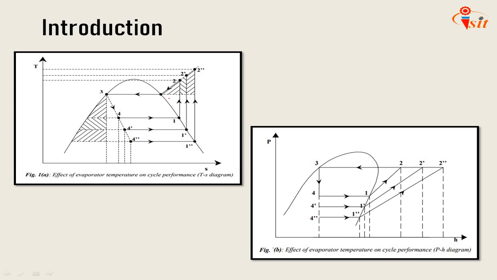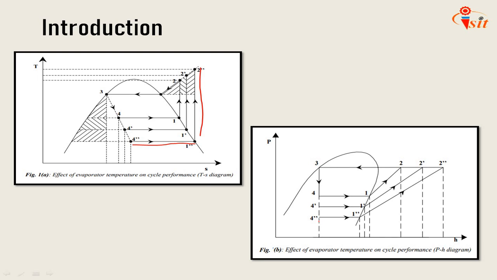As a result of this, the refrigerating effect decreases and work of compression increases, as shown in this diagram. The volumetric refrigeration effect also decreases rapidly as the specific volume increases with decreasing evaporator temperature.